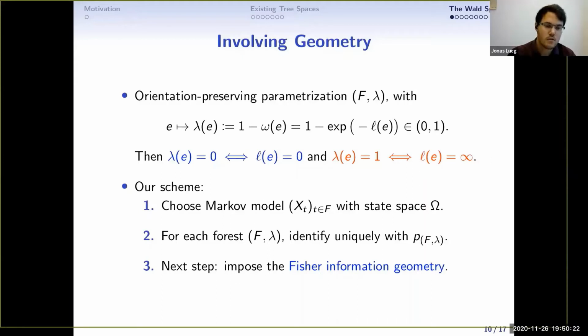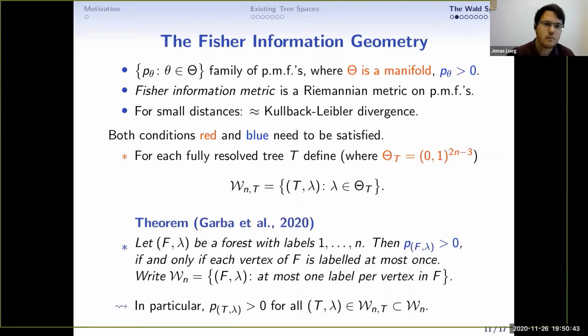And now our scheme is, we choose a Markov model with a state space omega. Then each forest F lambda can be identified uniquely with a probability mass function. And the next step is to impose the so-called Fisher information geometry. If I want to impose it, I also have to explain what it actually is.